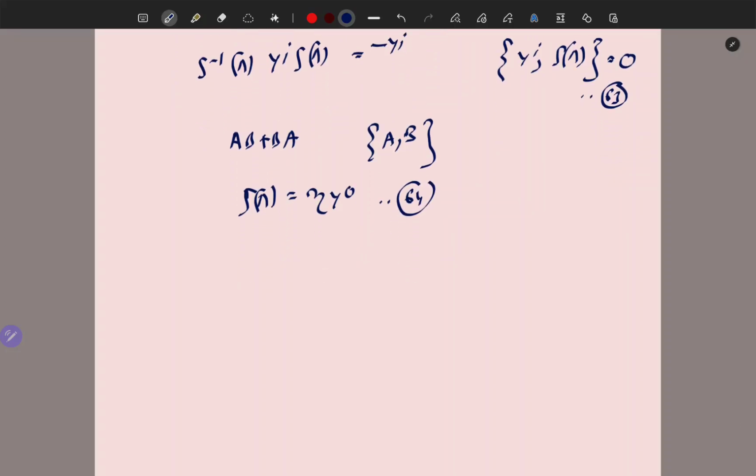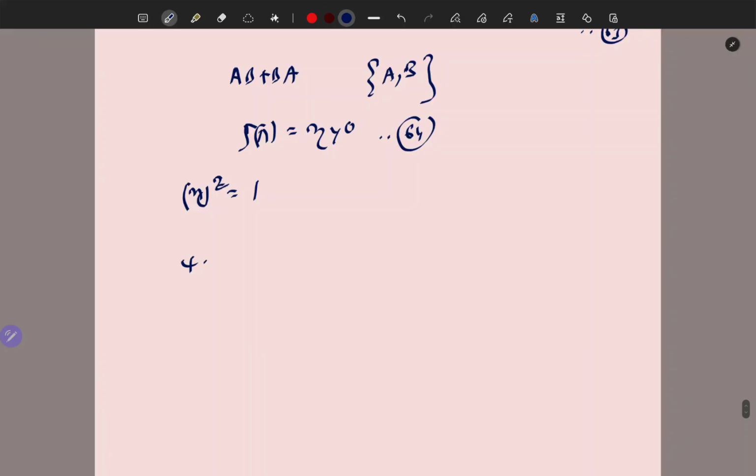Here η is an arbitrary phase and |η|² = 1. Thus, under parity transformation, ψ(x), which is ψ'(x') = ψ'(-x⃗, t), equals ηγ⁰ψ(x). This is equation number 65.